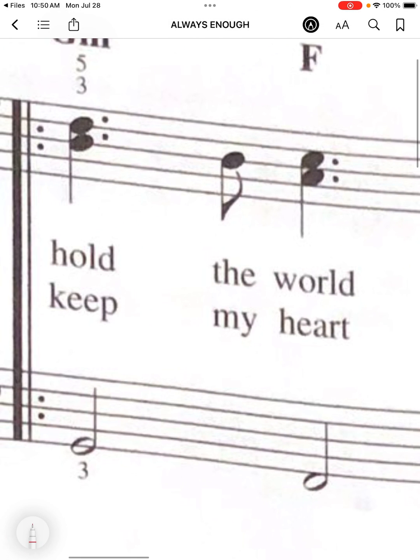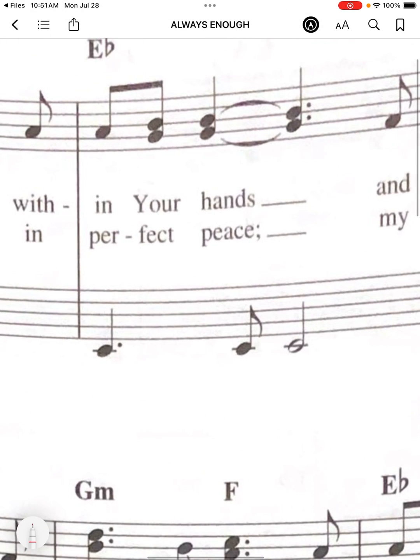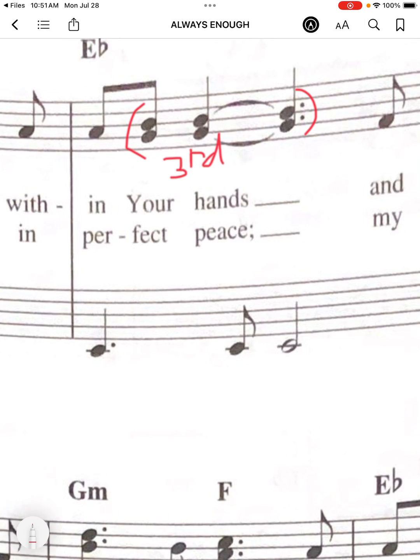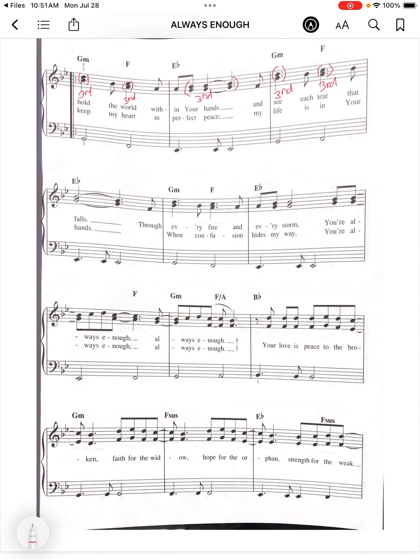So this one is going to be a third. Third. And then these are all thirds. This is a third. This is a third. I see this one and this one.